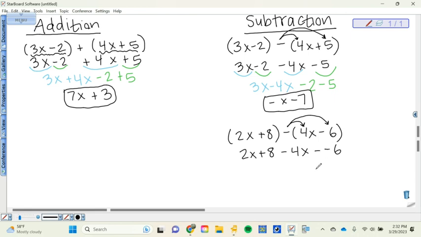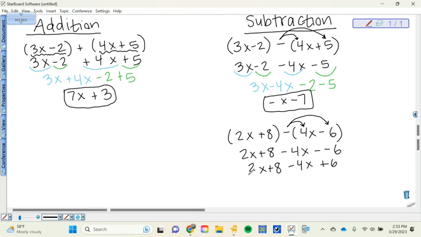Exactly. So essentially when we're subtracting like this, you switch all the signs of the second polynomial, right? What's positive becomes negative, and what's negative becomes positive. Does that make sense? Yeah? So now I've got this, 2x plus 8 minus 4x plus 6.